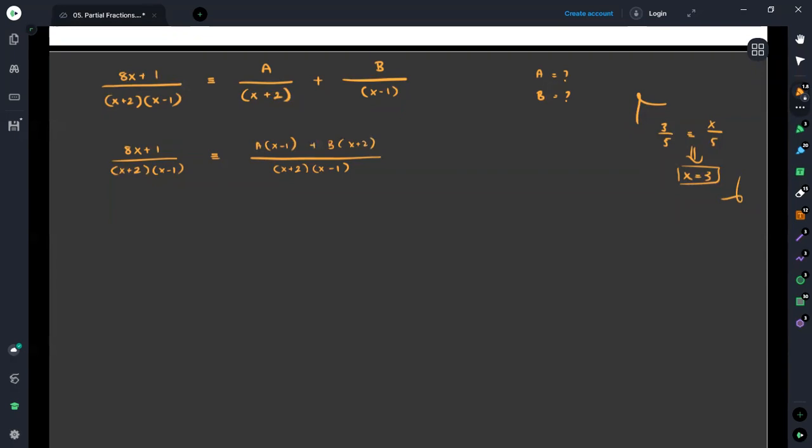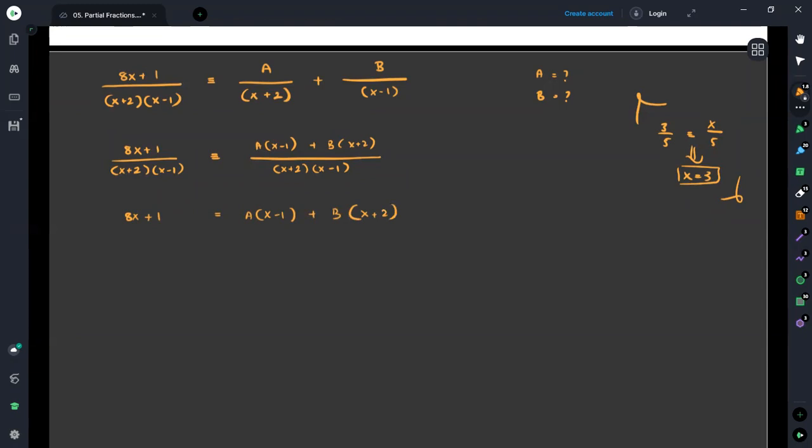Now we can see that the denominators are the same, x plus 2 into x minus 1, on both the left hand side and the right hand side. We can cancel these similar quantities. Then the numerators should be equal: 8x plus 1 is equal to a times x minus 1 plus b times x plus 2.